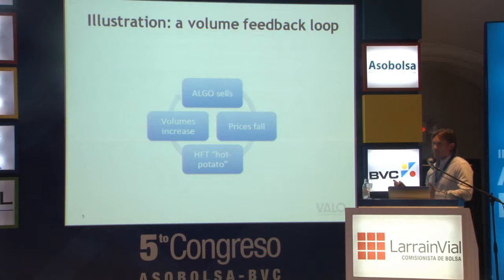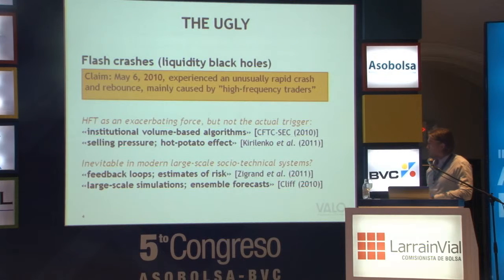In just a couple of minutes, it started to sell like crazy. And when it sold more, prices started to fall more, and the HFTs basically traded with each other even more. So that's the bad feedback loop that actually seemed to have happened.